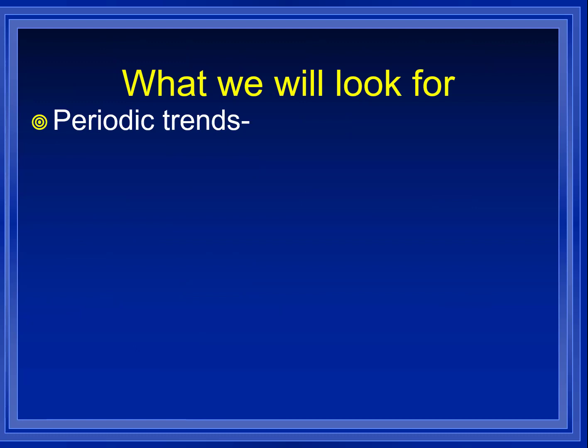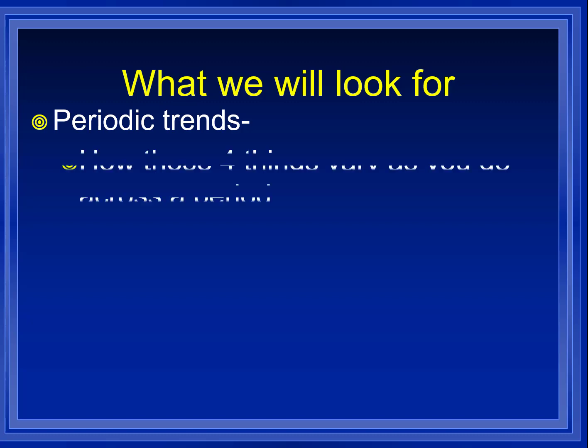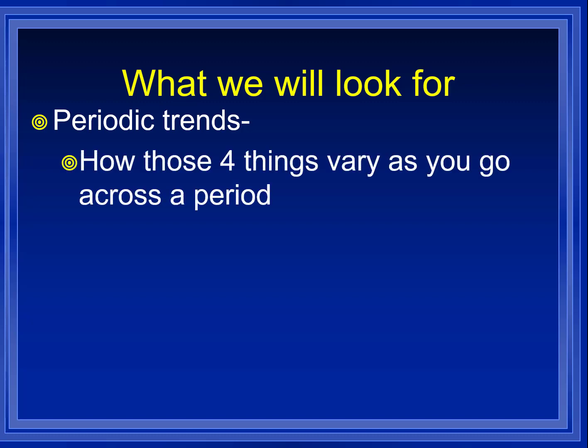And we're going to look for periodic trends. So if I ask you what is the periodic trend, I'm asking how do those vary as you go across a period? How does the size change as you go across the period?